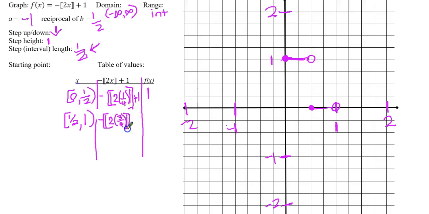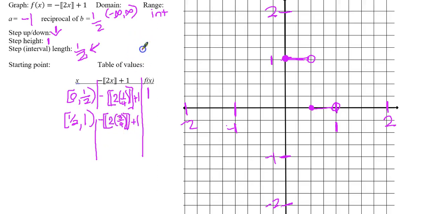Plug that in and then add 1. So that would be 6/4, or 1 and 1/2. 1 and 1/2 rounds down to 1. The opposite of 1 is -1. Let's just take that math again.